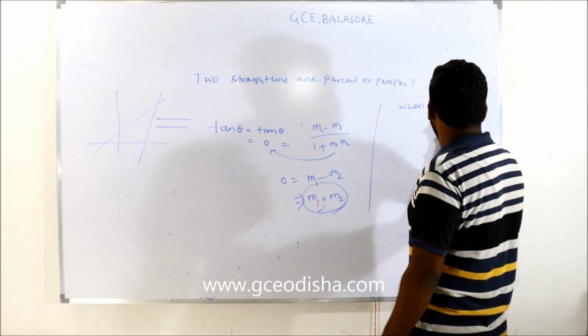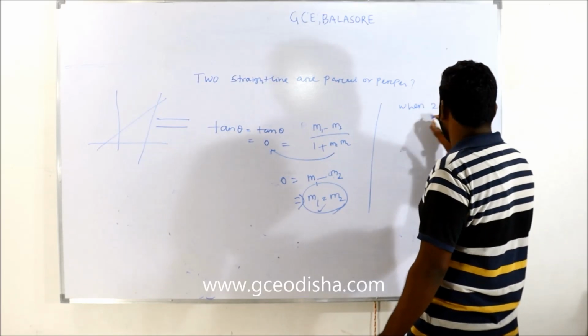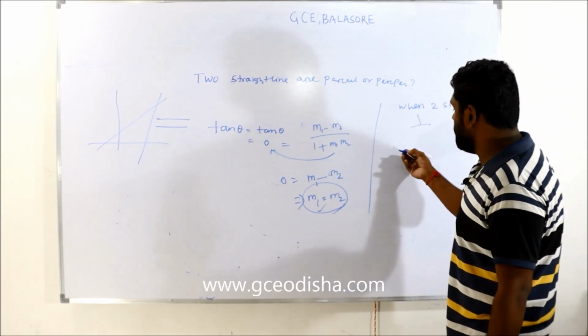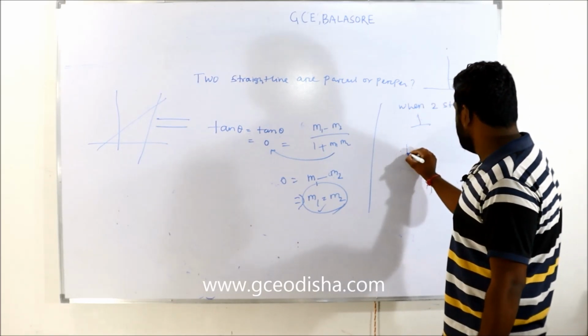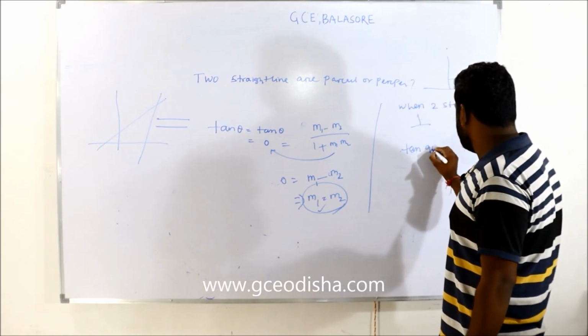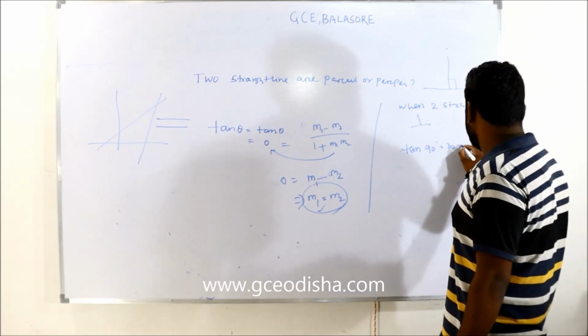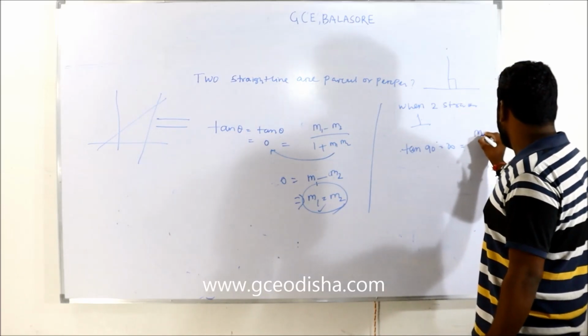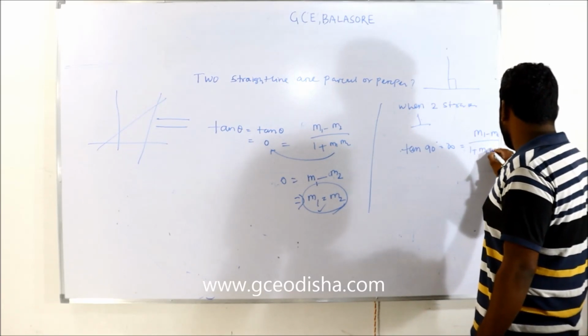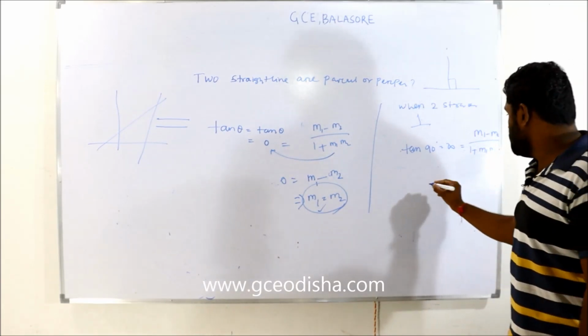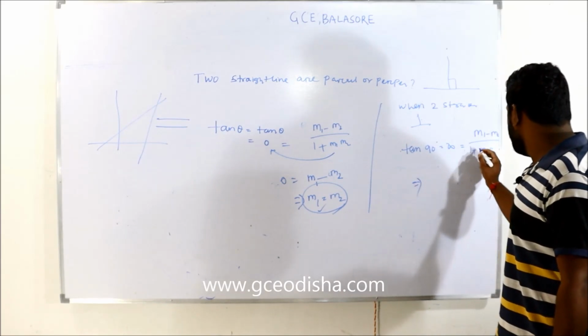when two straight lines are perpendicular, this line and this line perpendicular, the angle is 90 degrees. This is tan 90, that is equal to infinity, that is equal to (m1 minus m2) divided by (1 plus m1 m2), right? Then how much will come?